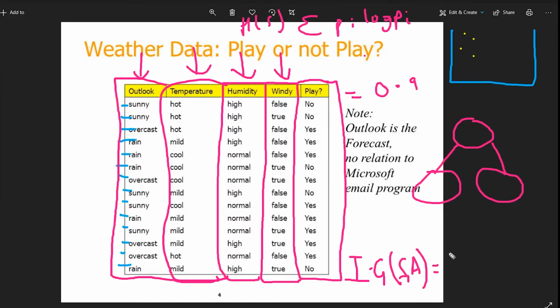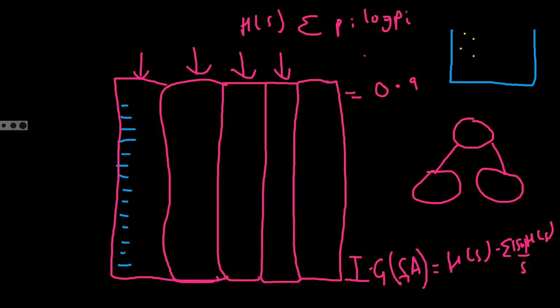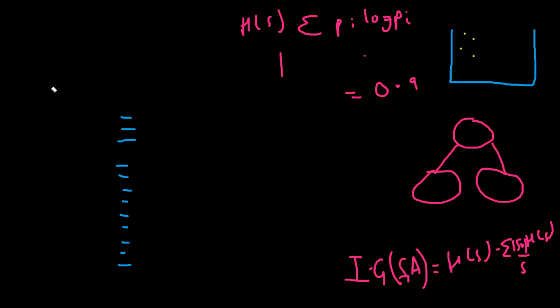So it is going to be H of S, and we are gonna do minus summation of the S_v divided by S, times H of S_v. Let me just write it clearly.